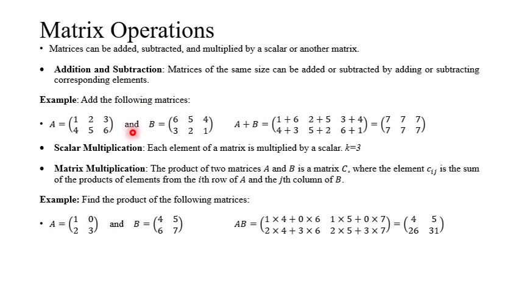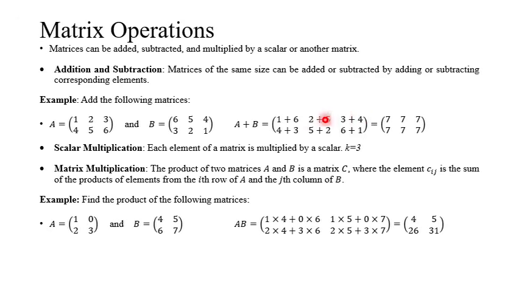So what you do is that uniquely the element A11, that's the element in the first row and first column, will be added to the first element in the row here and the first element in the column here, that is 6. So this will be added to this, this will be added to this, this will be added to this.